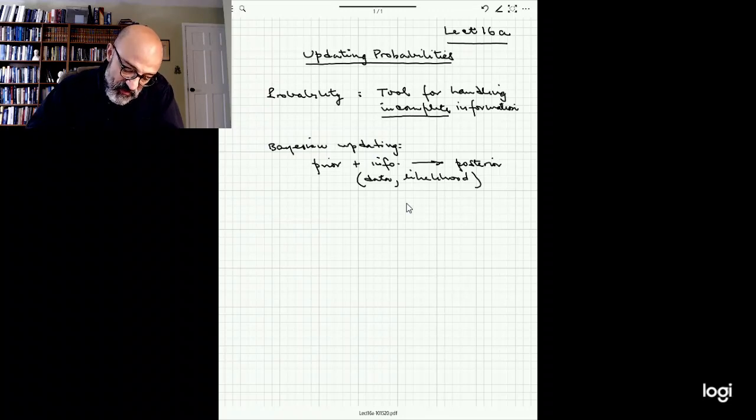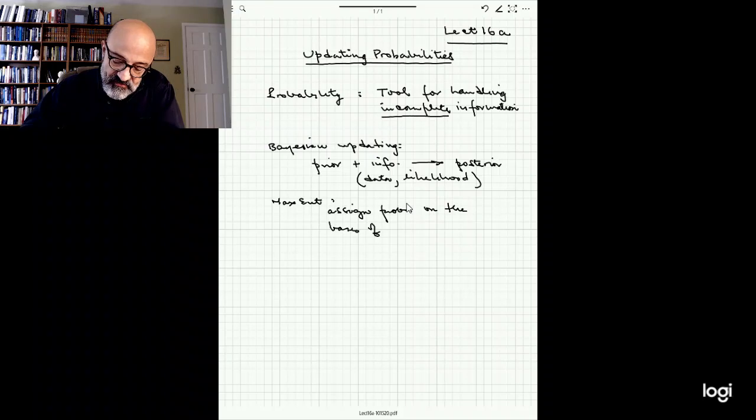Very good. So here we have one instance in which we are doing the updating, but we later also saw that there was another way to handle information, which was the method of maximum entropy, which allows you to assign probabilities on the basis of constraints.